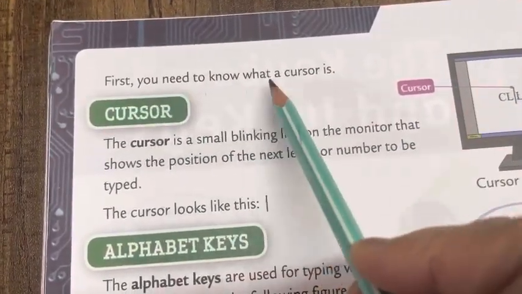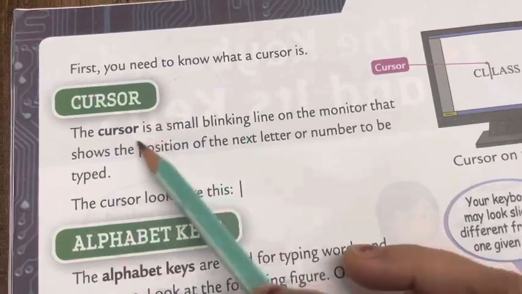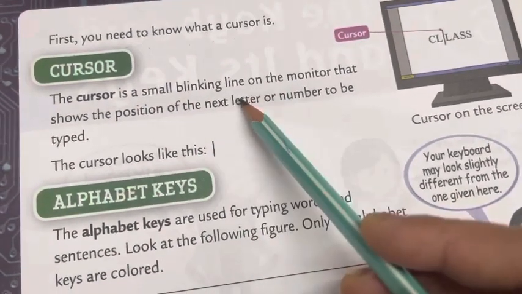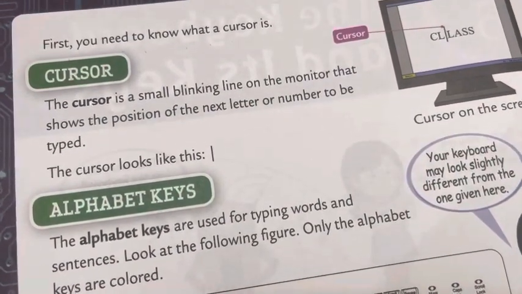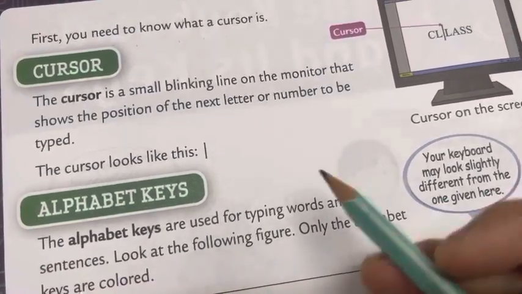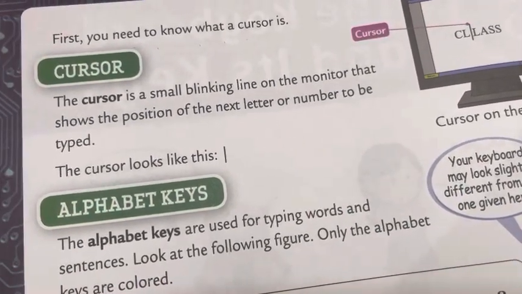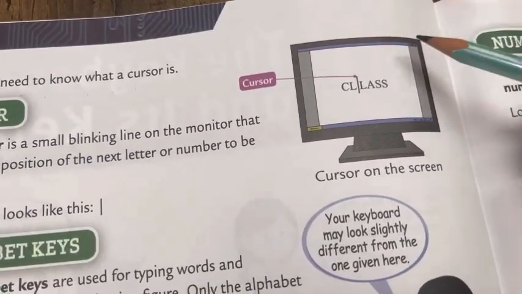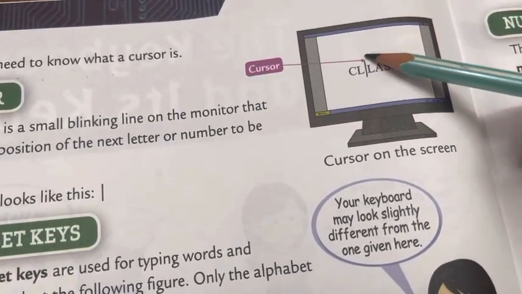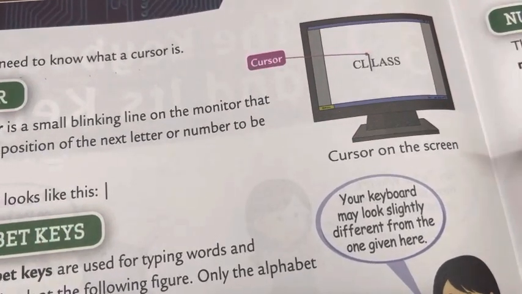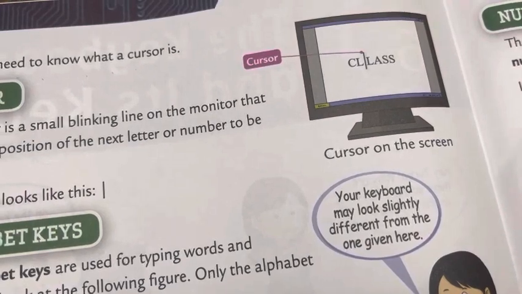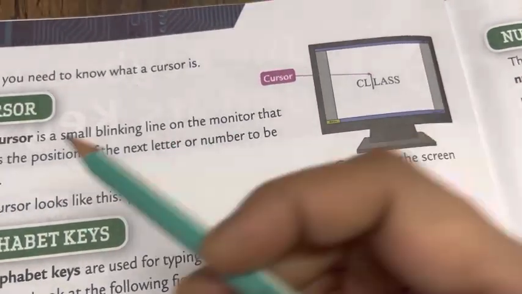First, you need to know what a cursor is. So first of all, we will learn about the cursor. What is a cursor, right? Now look at this picture. This is a cursor. This straight line blinking on the monitor is a cursor.